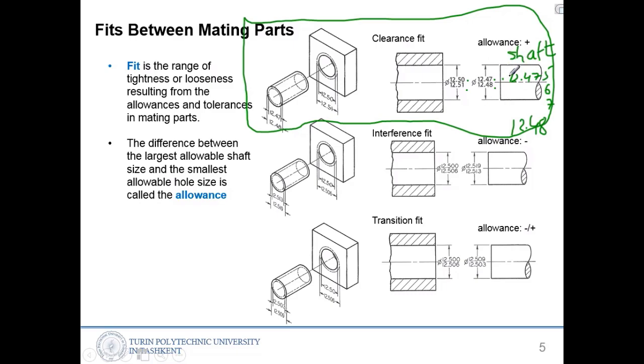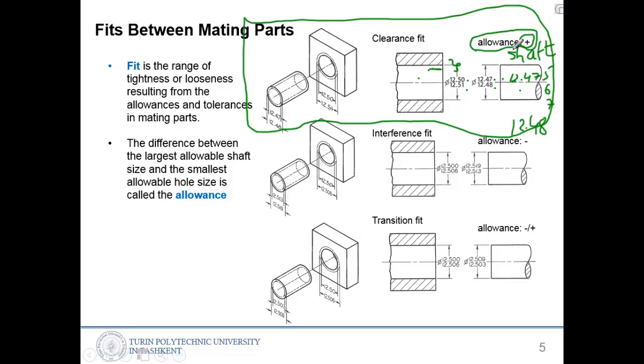If you insert the biggest possible shaft inside this hole, it is still smaller than the smallest hole. The smallest hole is 12.50 and the biggest shaft is 12.48, so there is still a positive gap. Here you can see a positive symbol. That empty gap we call allowance, a positive allowance.